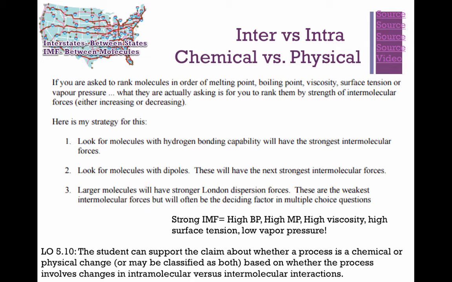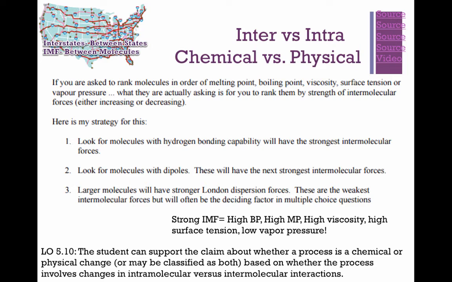But I'm talking about if you are asked to rank, okay, these are all H's. So C2H6 compared to CH4. And you have a question that says, which has the higher melting point, or higher boiling point?